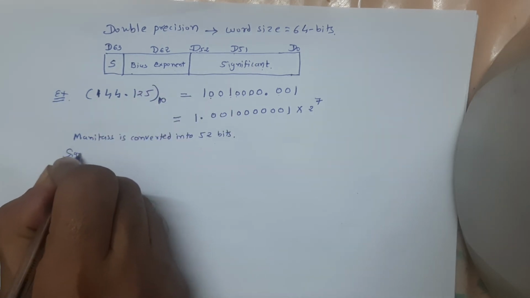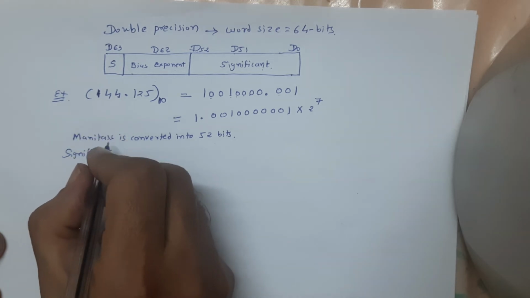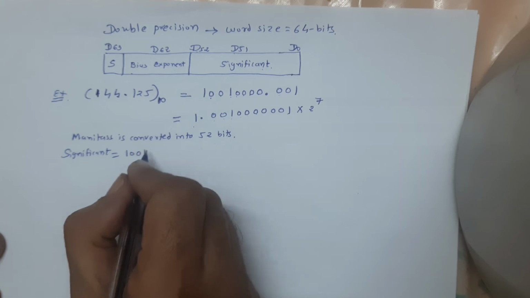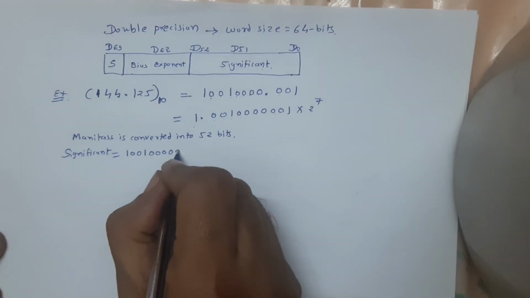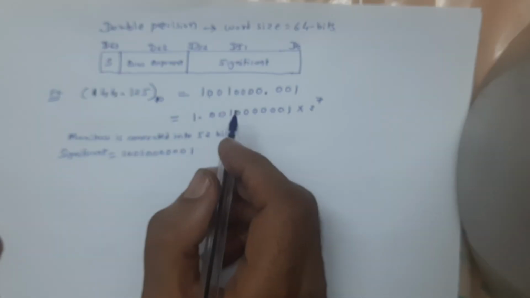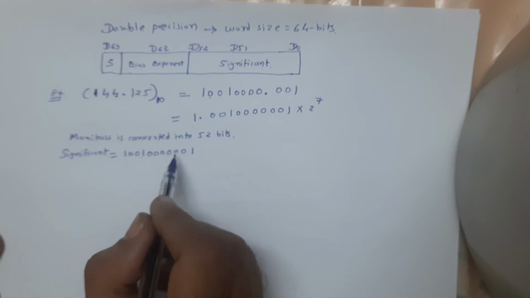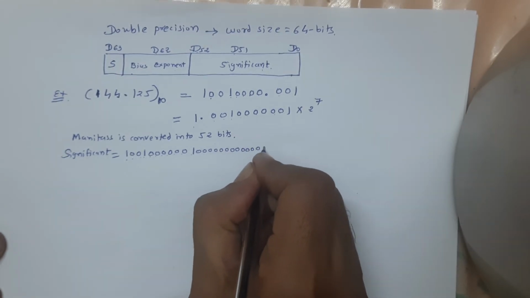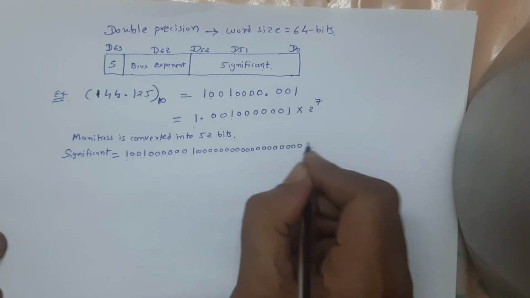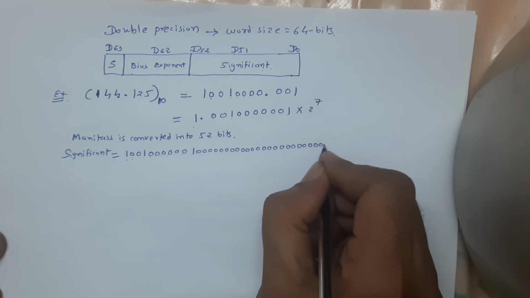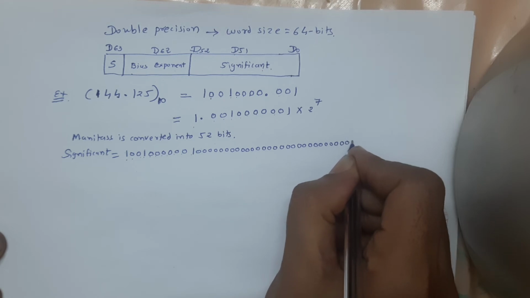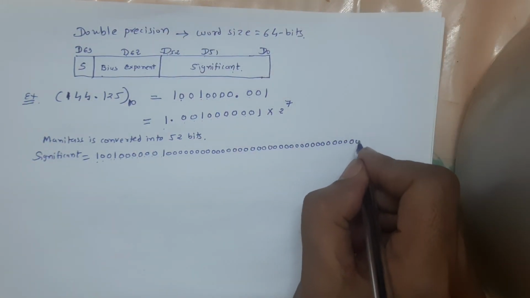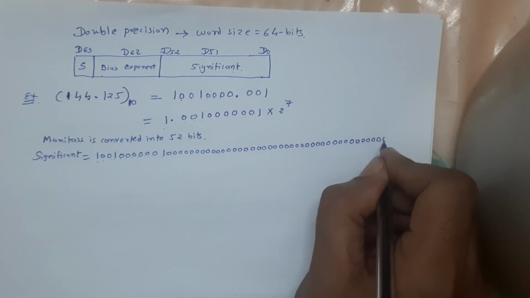So the significand is equal to 1001000000 1, and the remaining bits are zeros, counting up to 52.